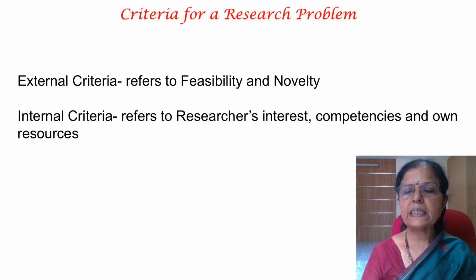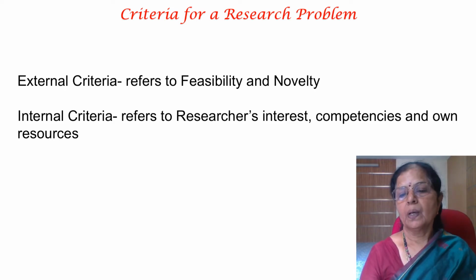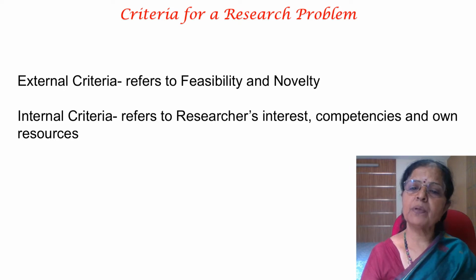Now we will see what the criteria are that a researcher should consider before choosing a research problem. Well, when defining the research problem, one has to take into consideration both external and internal criteria. What are they? External criteria refers to the feasibility and novelty of the problem.